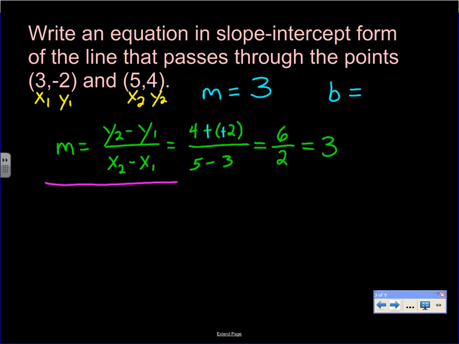And now from this step, we go ahead and use what we know about the slope and one of those ordered pairs. So y equals mx plus b. We're going to plug 3 in.